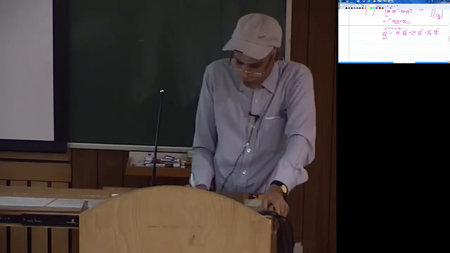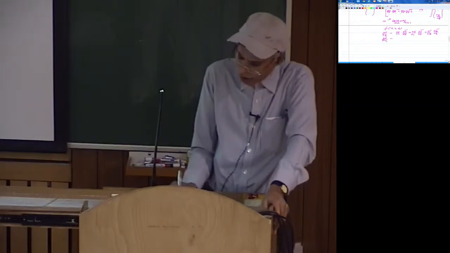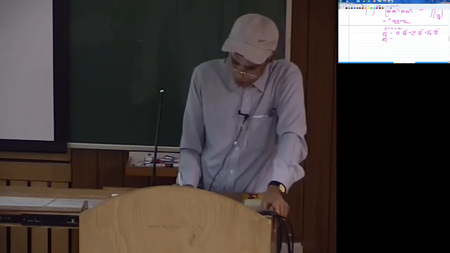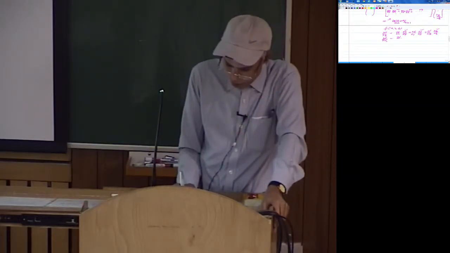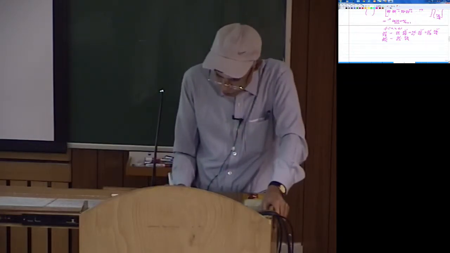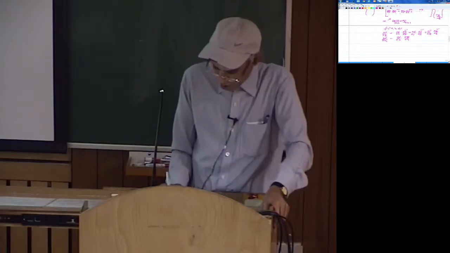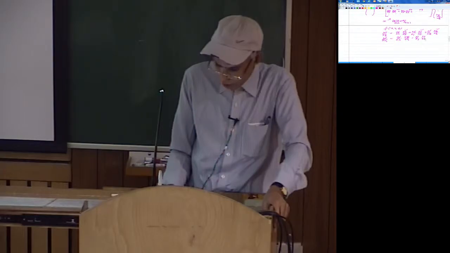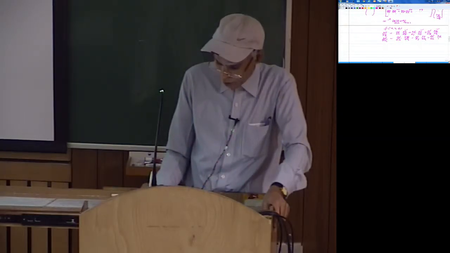Similarly, del f by del eta you can write in exactly a similar manner: del f by del x into del x by del eta. You have to just differentiate x with respect to eta. So plus del f by del y into del y by del eta plus del f by del z into del z by del eta.